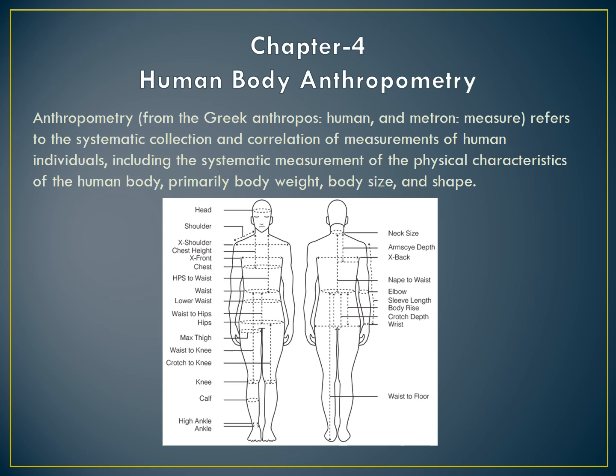Chapter 4, human body anthropometry. It is related to the measurement of human individualities, including systematic measurement of physical characteristics of the human body, primarily body weight, size, and shape.